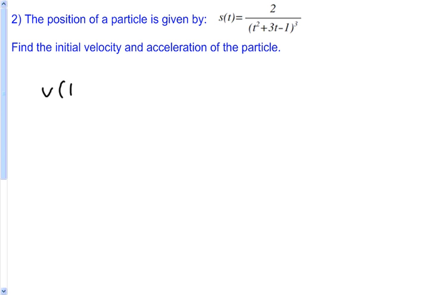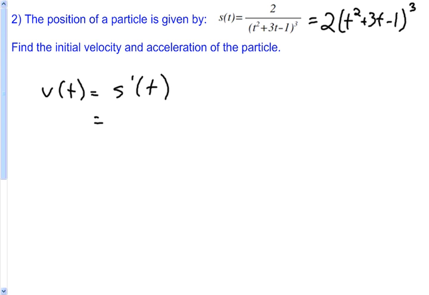So let's get our velocity function first, which is going to be our first derivative of our position function here. We can rewrite this position function as 2 times (t squared plus 3t minus 1) to the negative 3, and then use our chain rule to do the derivative here.